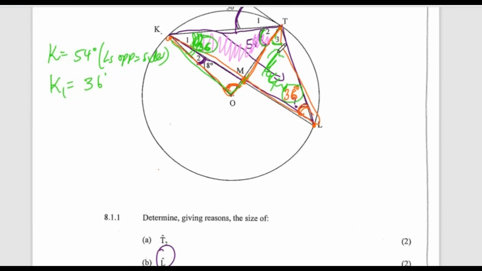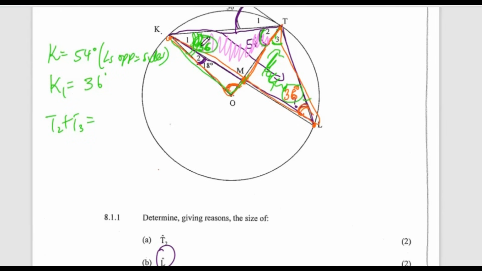What is that angle? If I try to find this missing angle T2 and T3, I'm going to look at the triangle KTL.